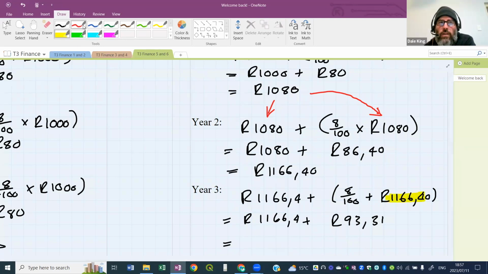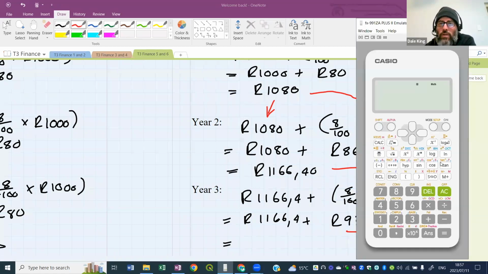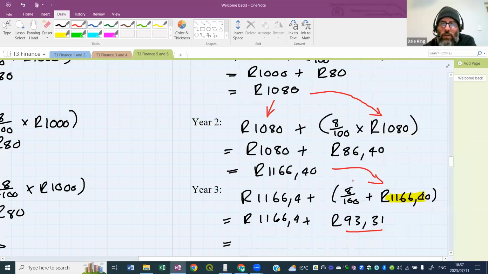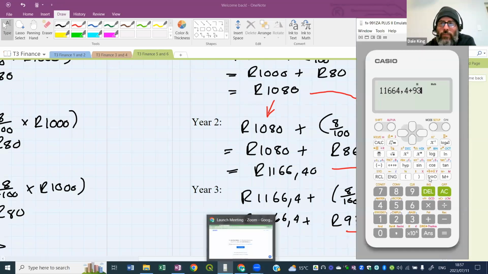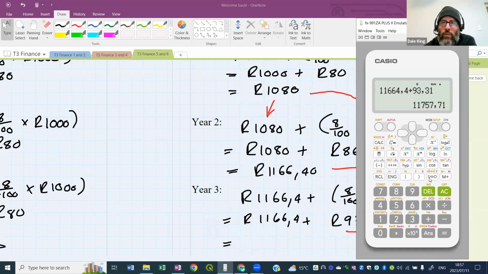All right, it's on the previous year's total. Okay, so I'm going to bring that into my calculation. This time it works out to be 93 Rand 31 that I need to add on. All right, so I'm going to say 1,166.4, which was the end of year 2, and I need to add on 93 Rand and 31 cents.